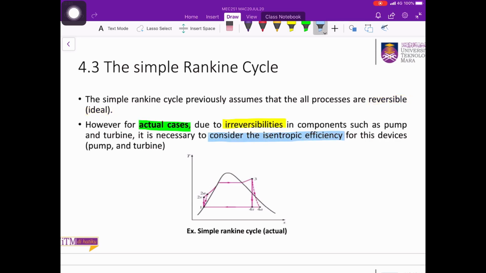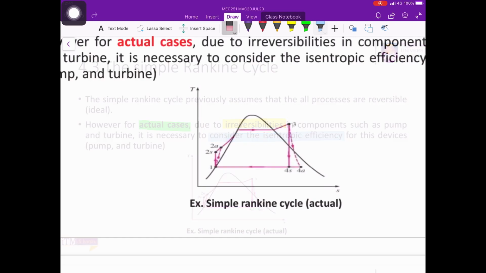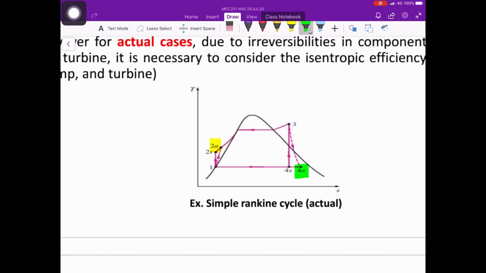However, due to the irreversibilities that occur in actual cases, we are going to consider the isentropic efficiency for the pump and turbine. Note that the actual states leaving the pump and the turbine have larger entropy as compared to the isentropic states leaving the pump and turbine.